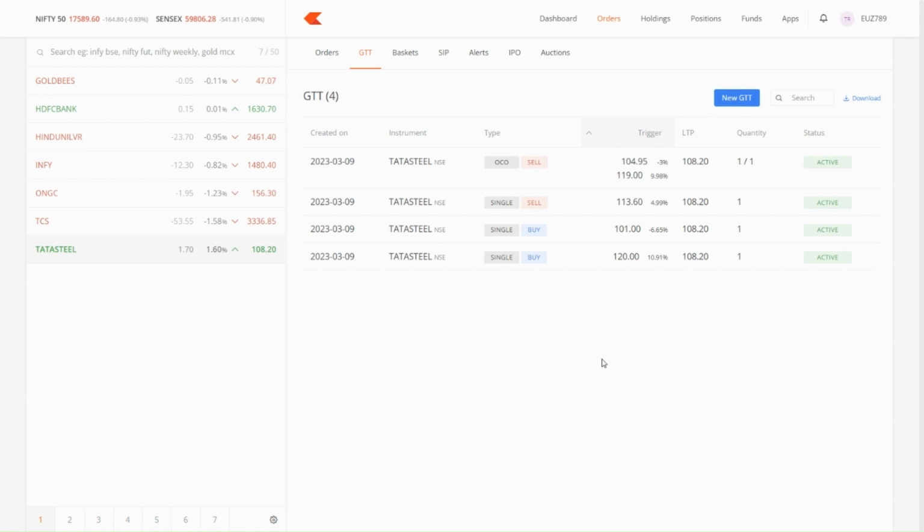Friends, you have to note down two important things. Once your trigger price is hit, if you want to buy the stock, you should maintain the margin money. If you don't have the margin money, the order will be cancelled because of insufficient funds in your account. So these are the important points.